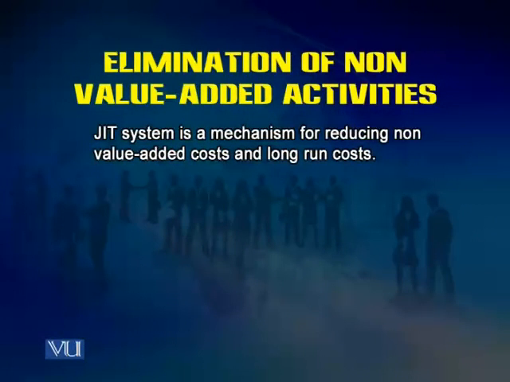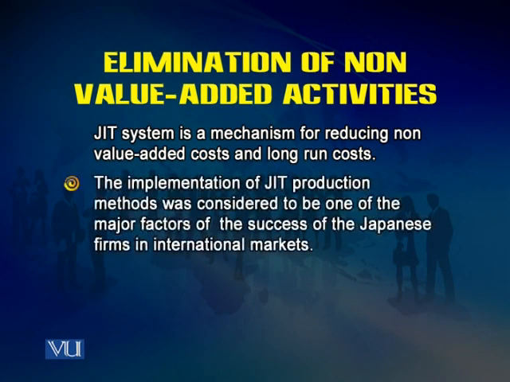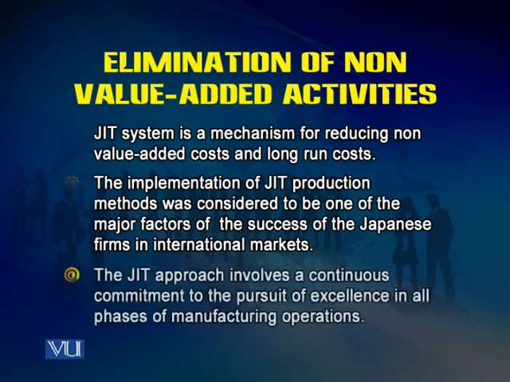JIT system is a mechanism for reducing non-value added costs and long-run costs. The implementation of JIT production methods was considered to be one of the major factors of success of Japanese firms in international markets. The JIT approach involves a continuous commitment to the pursuit of excellence in all phases of manufacturing operations.